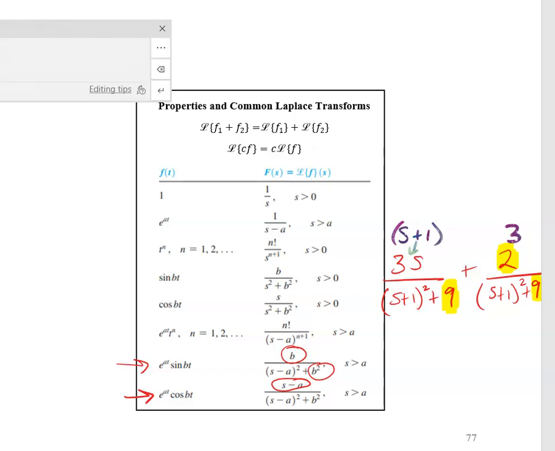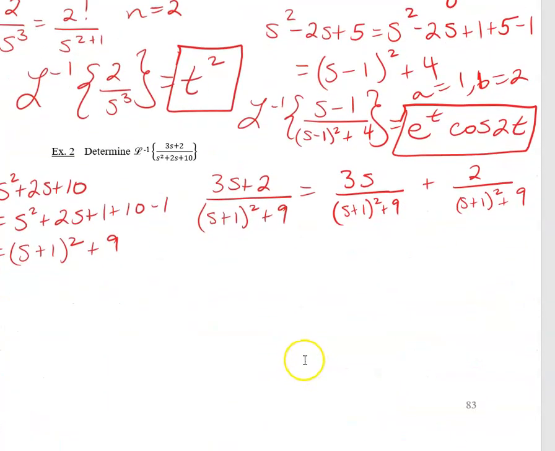So that's what I want you to keep in mind. Let me go back to the example here. Let me write that down again. Let me write down what we need. We need this 3s over s plus 1 squared plus 9.